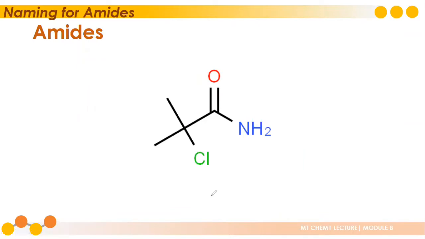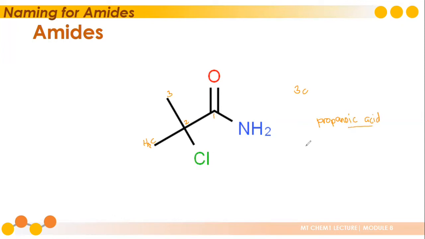The next example seems complicated by simply looking at it, but do not be overwhelmed. Let's try to find our longest chain first. So we have 1, 2, 3. We also have another hydrocarbon here. So this is a 3 carbon chain length, which is propanoic acid.